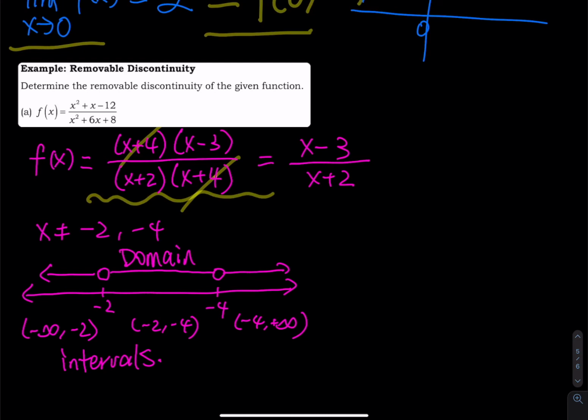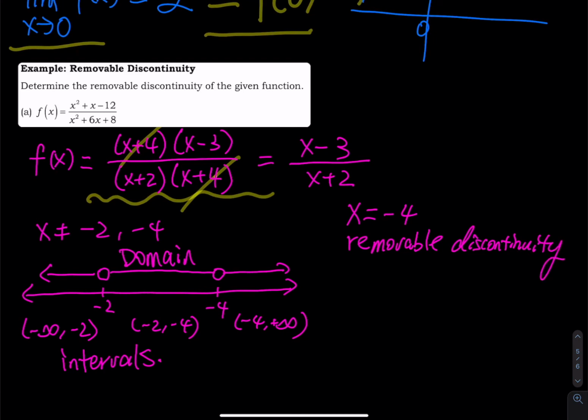But in calculus, we are going to take one more action. Which factor did we just cancel? We just cancel x plus 4. So that tells me x equals -4 is a removable discontinuity, because you canceled the x plus 4.